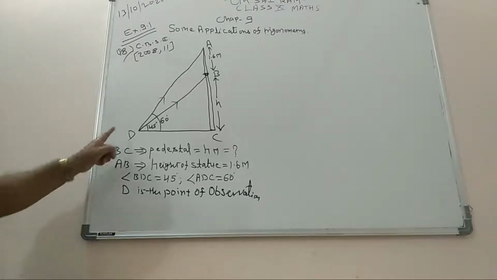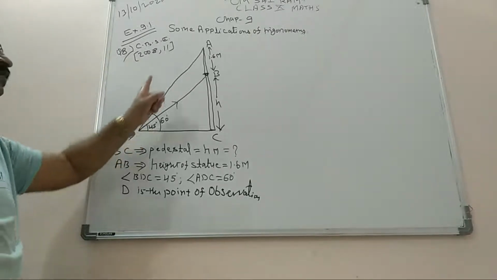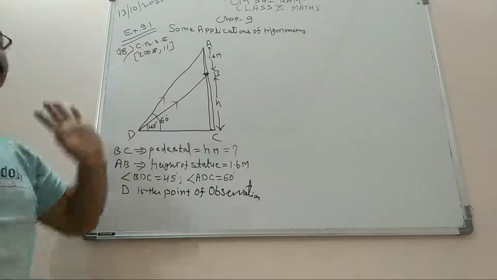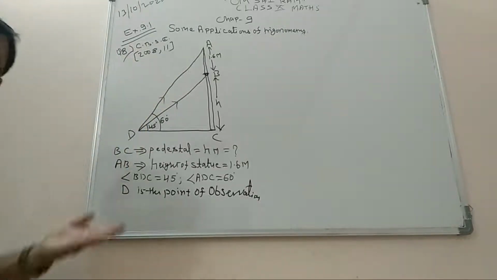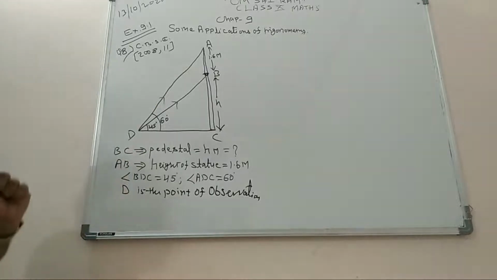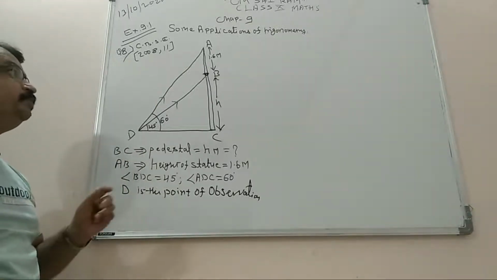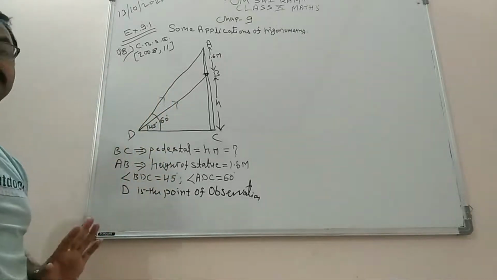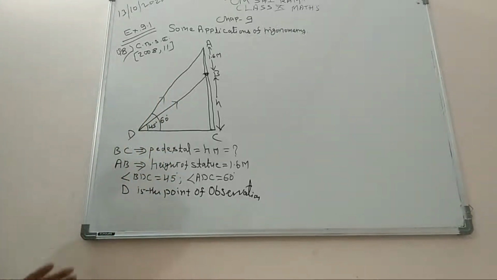From here the observer observes the points A and B, that is the top of the statue and the base of the statue, right? So simply we have to find here height of the pedestal, that is h, BC.